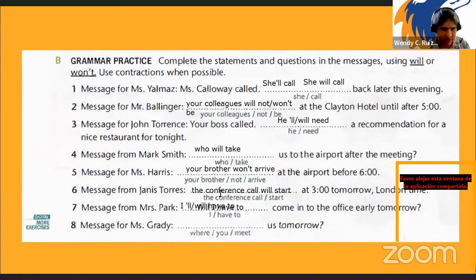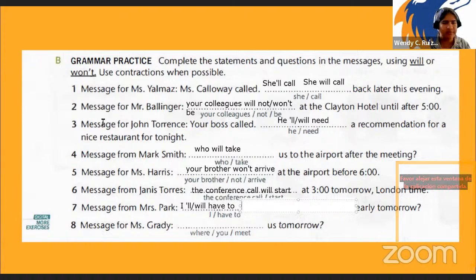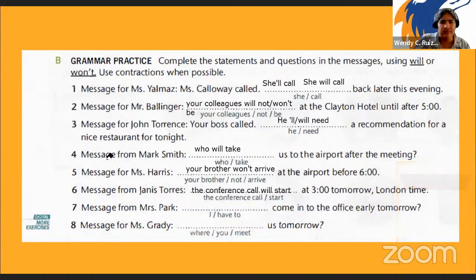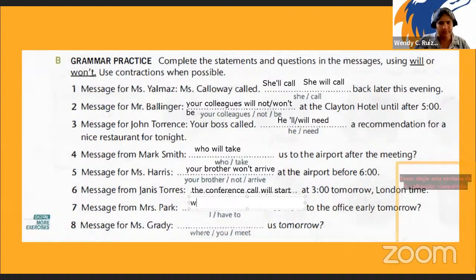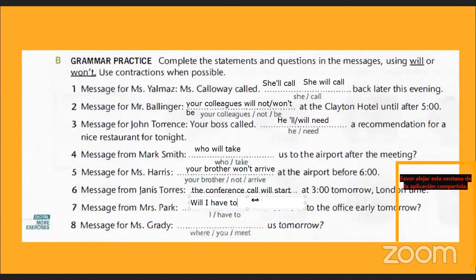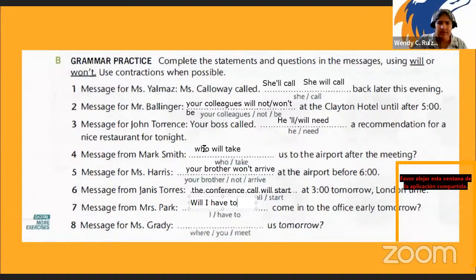Ay, no sé cómo se borra esto. Ajá, ahí está. Ya aprendí. Entonces, si fuera afirmativo, diríamos I will. Pero como es pregunta, will I have to? Y en la número 4 también es pregunta. Sí, y está who will.